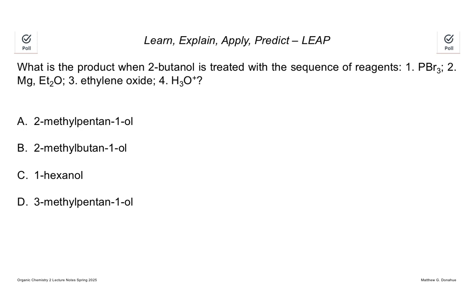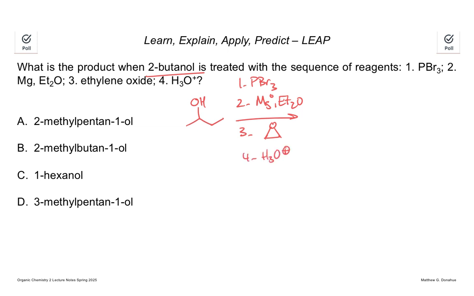So here's an example where we're now sequencing all of this stuff together. We want to take 2-butanol, treat it first with PBr3, then magnesium metal and ether, and then ethylene oxide, and then finally acidic workup.